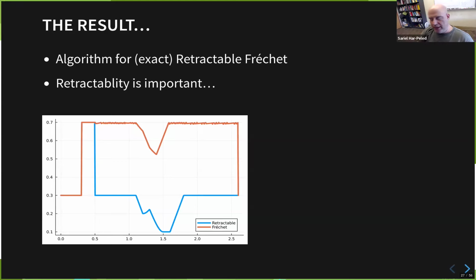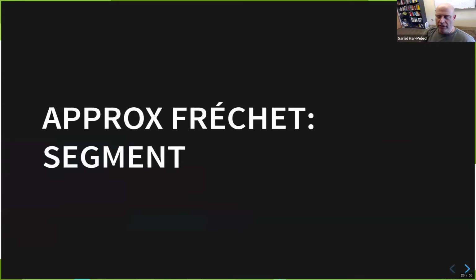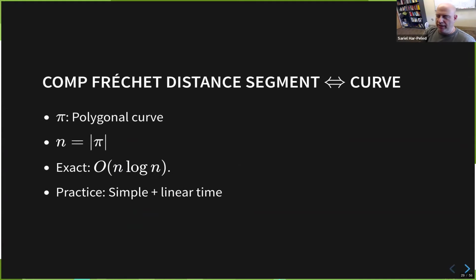And let me emphasize again that the algorithm for computing this retractable Fréchet is very simple. And in practice, you would just compute it, do brute force monotonization, and you would be happy with the result. You would not worry too much about other things.